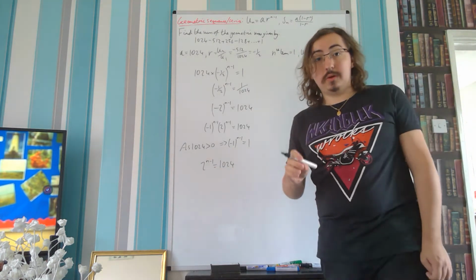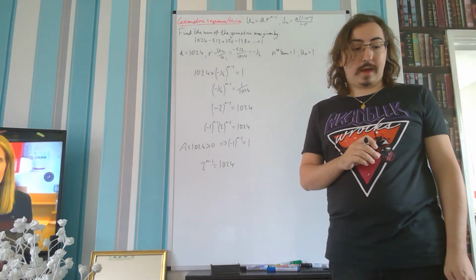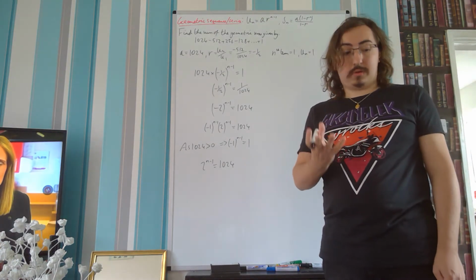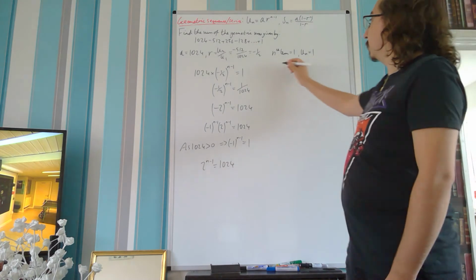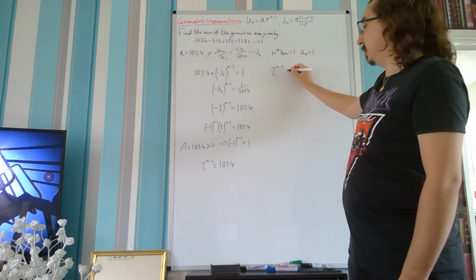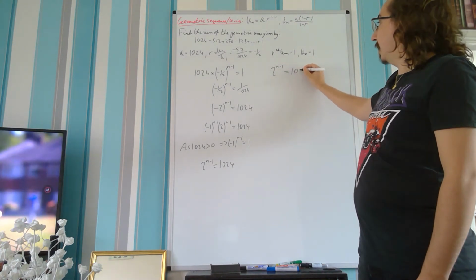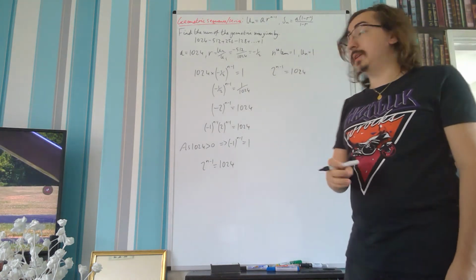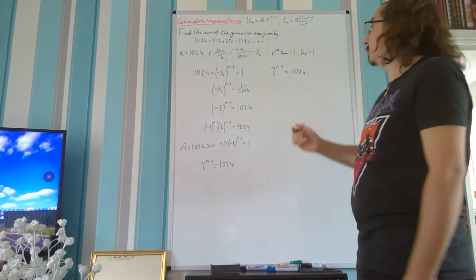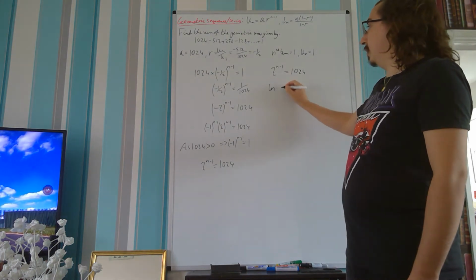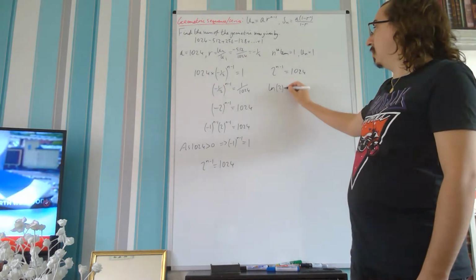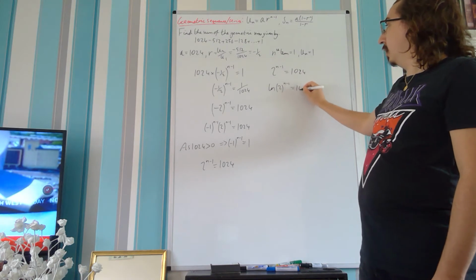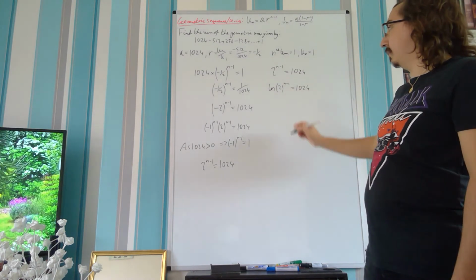From this, in order to solve this, because we need to get a value for n, we're going to need to use logarithms. So we can say that we have 2 to the n minus 1 is equal to 1024. At this stage, probably nice and easy to introduce the natural logarithm to both sides. So you've got the natural logarithm of 2 to the n minus 1 is equal to the natural logarithm of 1024.